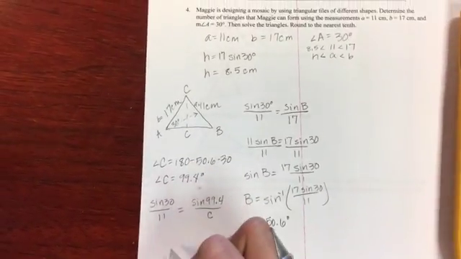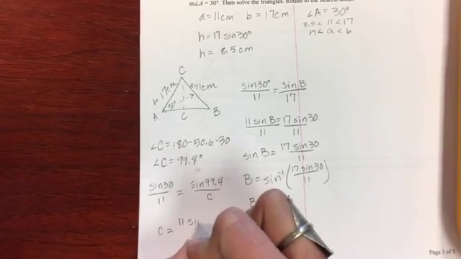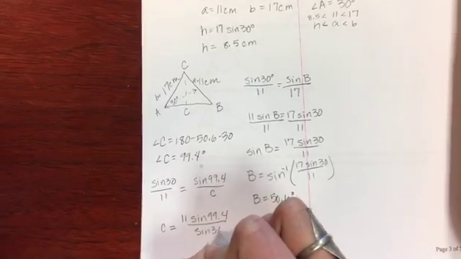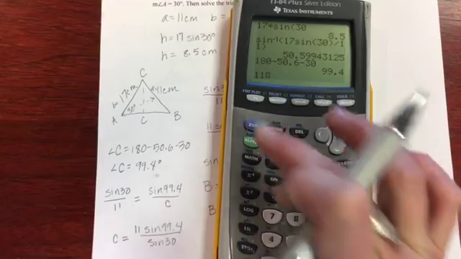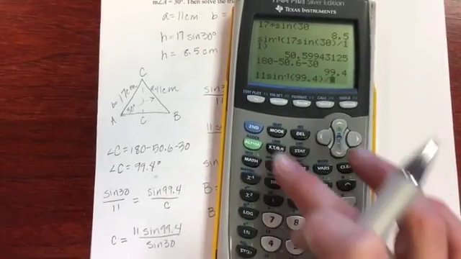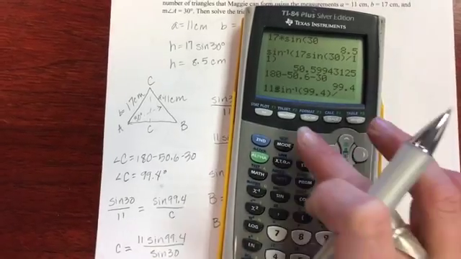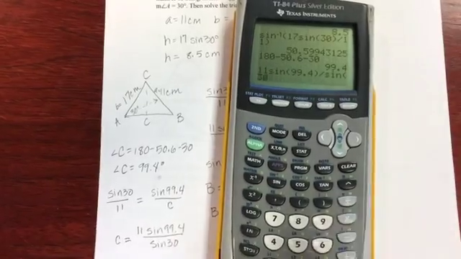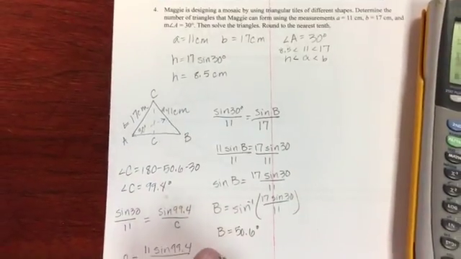Cross multiply and divide, you get c equals 11 times the sine of 99.4 divided by the sine of 30. c equals 21.7 centimeters.